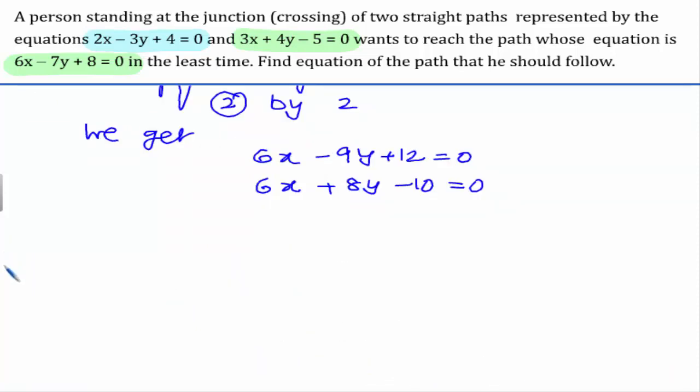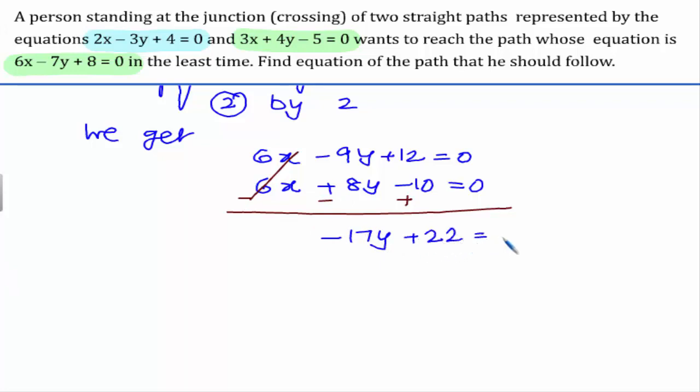Now let us solve these two equations. Here 6x gets cancelled, we get minus 17y plus 22 is equal to 0. So minus 17y is equal to minus 22. So y is equal to 22 by 17.